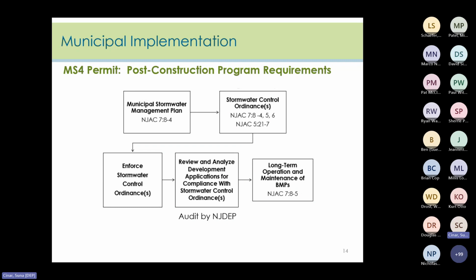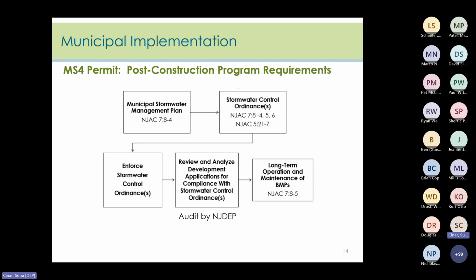Now let's look at the lower tier of the boxes on this slide. The municipality must enforce their own SCO, review applications for compliance with their own SCO, ensure long-term operation of BMPs, and must make sure the required maintenance is performed, which for municipalities also includes privately owned facilities.